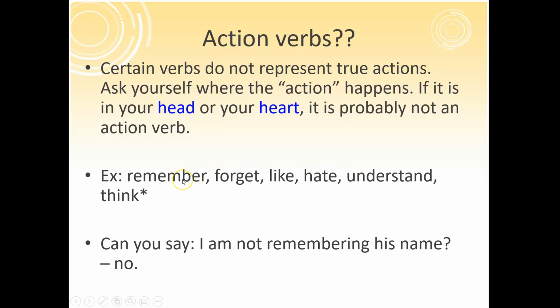For example, to remember happens in your head. To like happens kind of in your heart or in your head also. So we cannot say I am remembering. But there are other verbs like think that can be used either in a progressive or a non-progressive way. If you are unsure which verbs are in either list, please let me know.